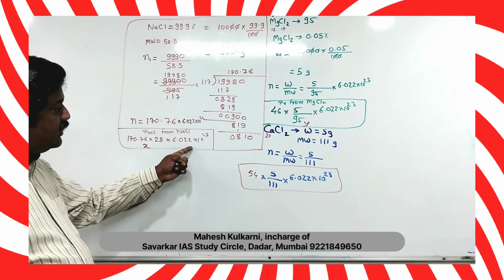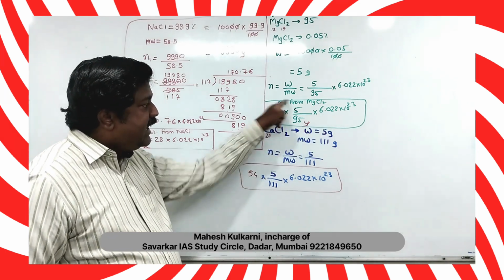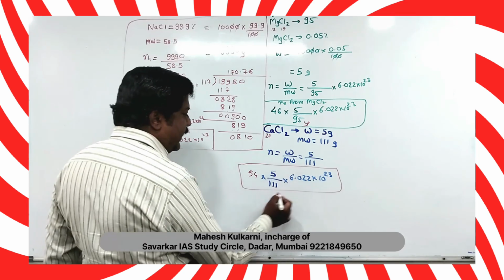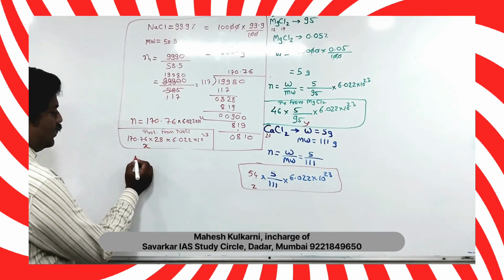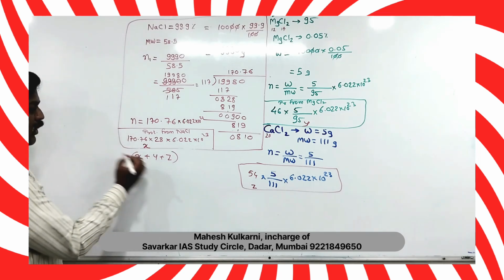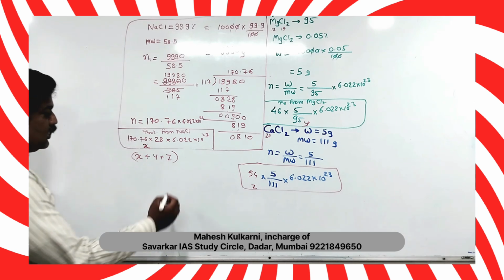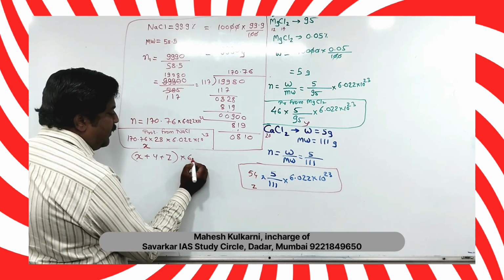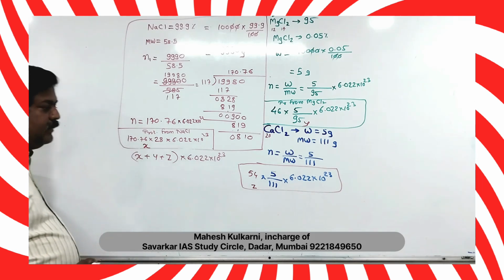So here also the multiplier is kept separate, here also the multiplier is kept separate, only this calculation is Y. And the same way this calculation is Z. So what you have to do is add X plus Y plus Z, because for everything the multiplier is common. And so whatever the answer, multiply by 6.022 into 10 to the power of 23.